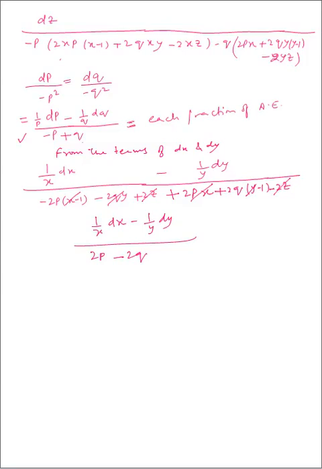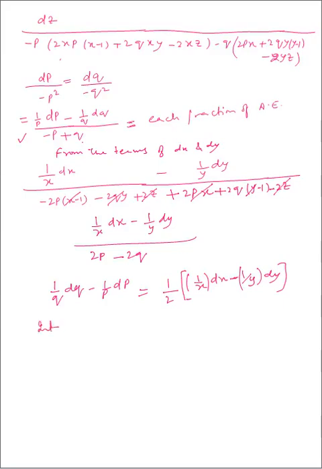So we have to adjust one sign. So 1 upon q dq minus 1 upon p dp, and p minus q will cancel out, or q minus p is equal to 1 by 2 1 by x dx minus 1 by y dy, and denominator is cancelled out. Now we can integrate.